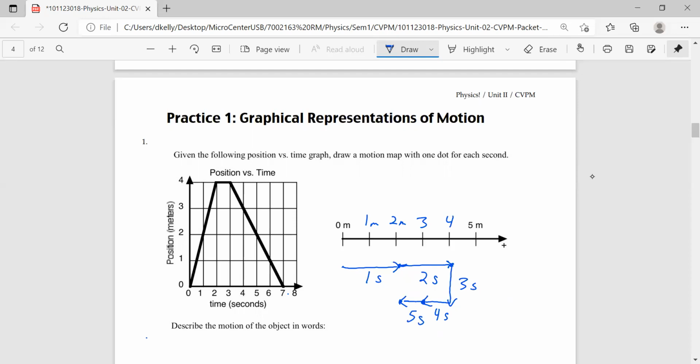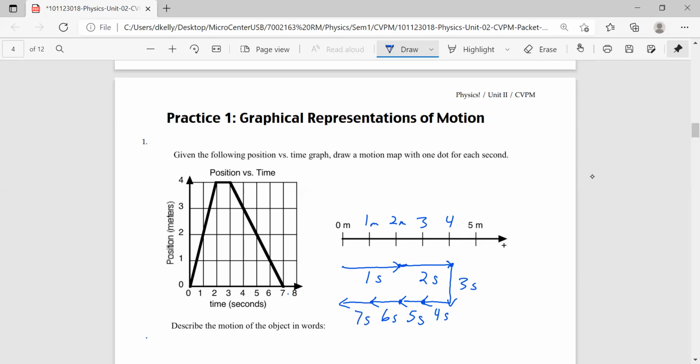And then from the 2nd meter position, from 5 to 6 rather, it goes from 2 meters to 1. So we just indicate that like so. And that's what happens in the 6th. And then from 1 meter to 0 meters, basically the starting point, it travels 1 more second, the 7th second.